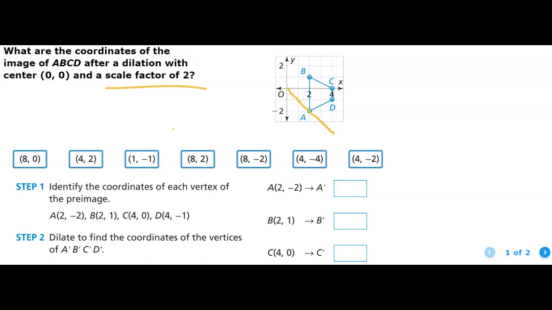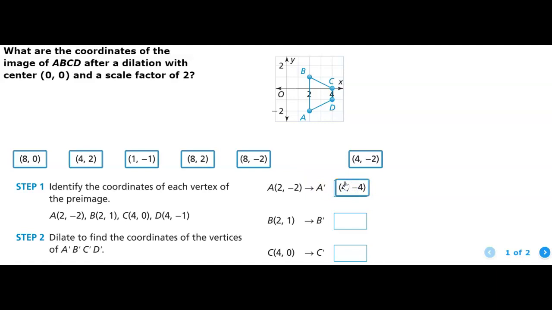So this would be at 4 for X, and let's say negative 4 for the Y. So then this would be for A.